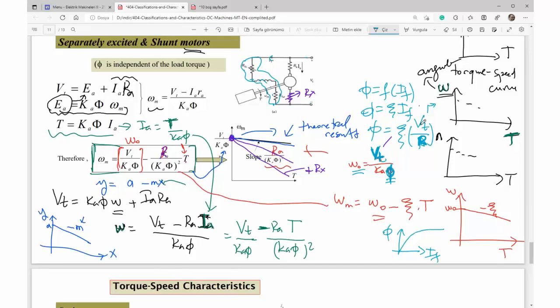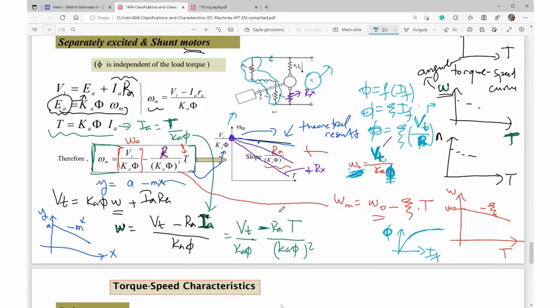When you increase terminal voltage dramatically, after a certain point, there is no increase in flux. So flux will not increase. After a certain point, no load speed starts to increase. When you increase terminal voltage, no load speed will increase after a certain point, after saturation starts.